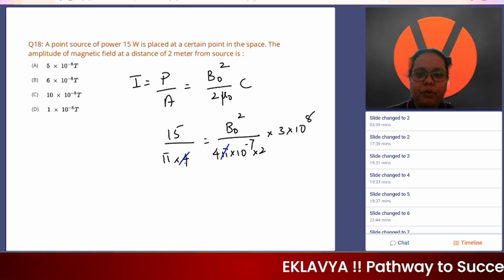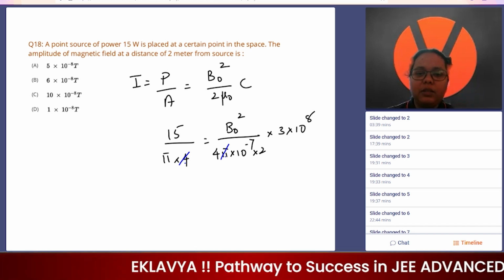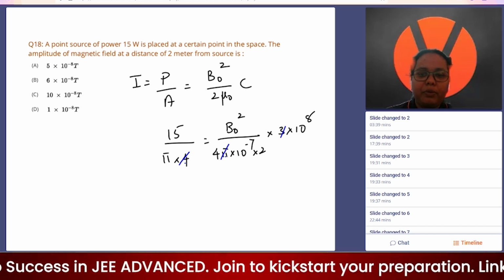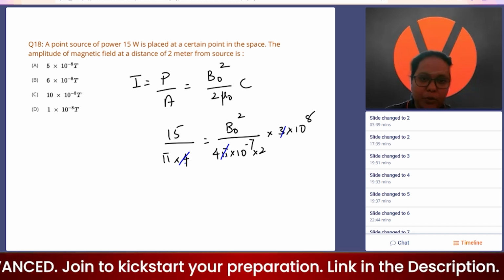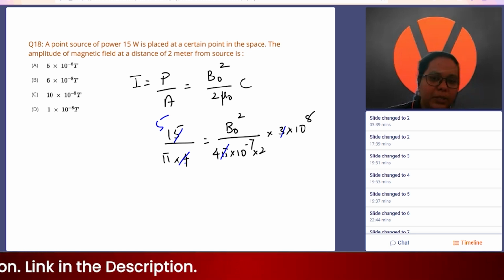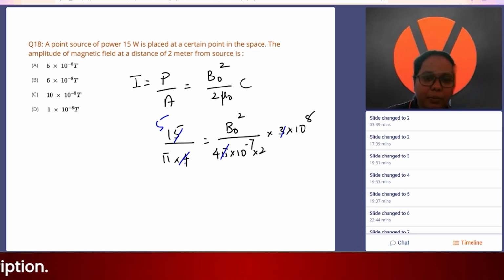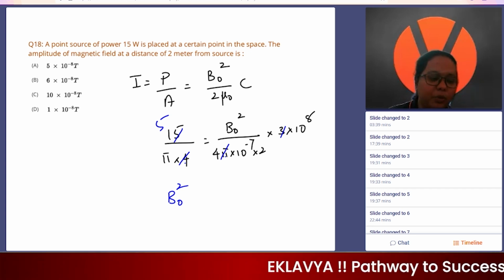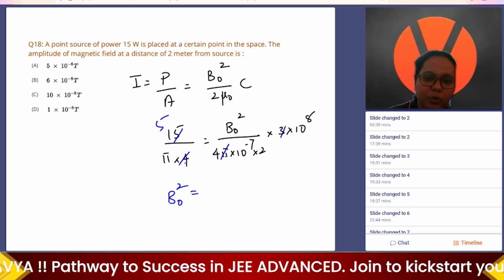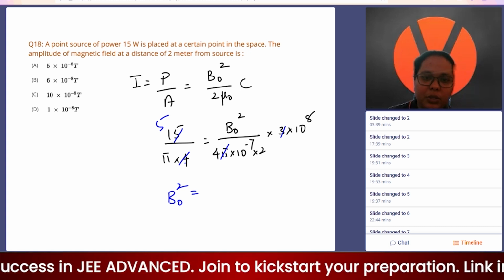Fine. Now, 4 pi will get cancelled, right? So if you are cancelling this thing now, 4 pi cancel, and you are cancelling this 2 to 5, right? So by substituting the B naught square value, what we are having is, if it is coming to the denominator, B naught square is equal to the root of this, 2 is here now.